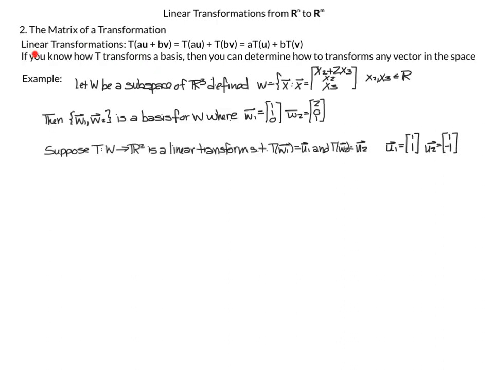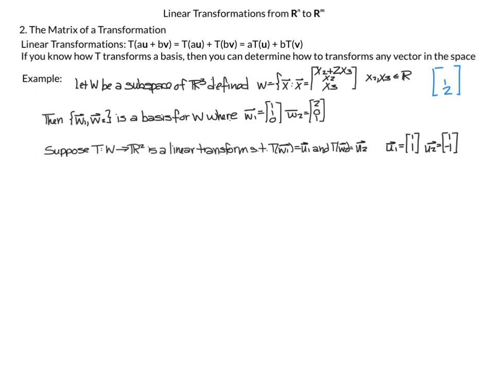To show you how that last statement works, the statement being that once you know how T transforms a basis, you can determine how it transforms any vector in the space, we're going to use this example. We're going to let W be a subspace of R3, and we're going to define it this way. The vectors in W, which we'll denote with the lowercase w, are the vectors x such that the first coordinate is equal to the second coordinate plus 2 times the third coordinate.